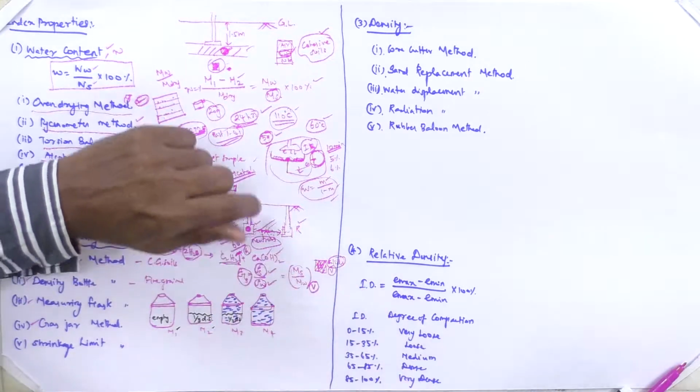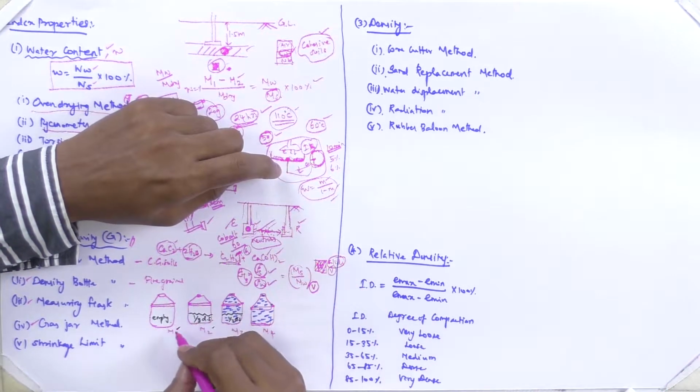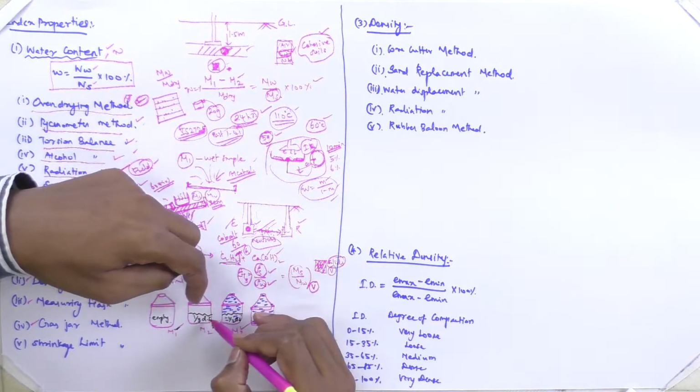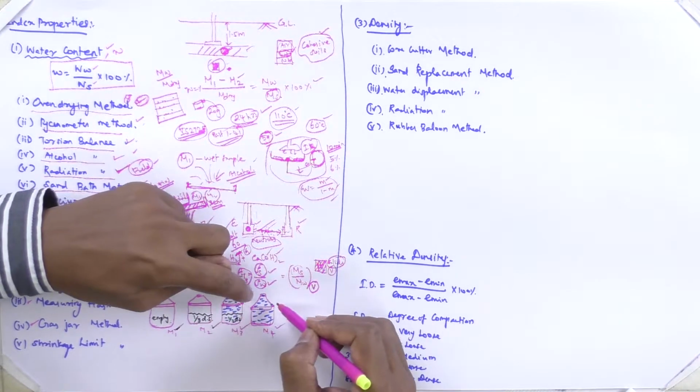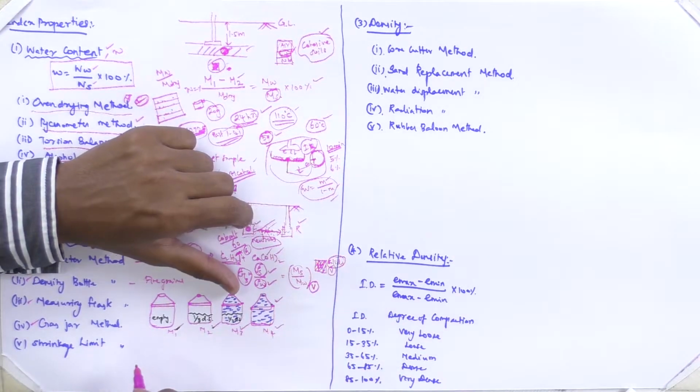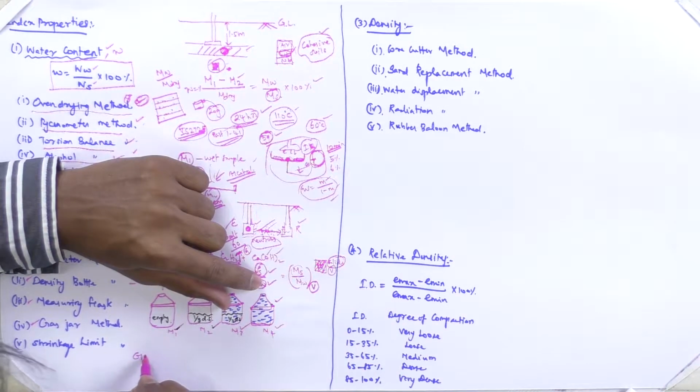So these are the mass configurations: M1, M2, M3 and M4, as described, empty, 1/3 dry soil, soil with water, and water alone. Now we see how to calculate the specific gravity G.